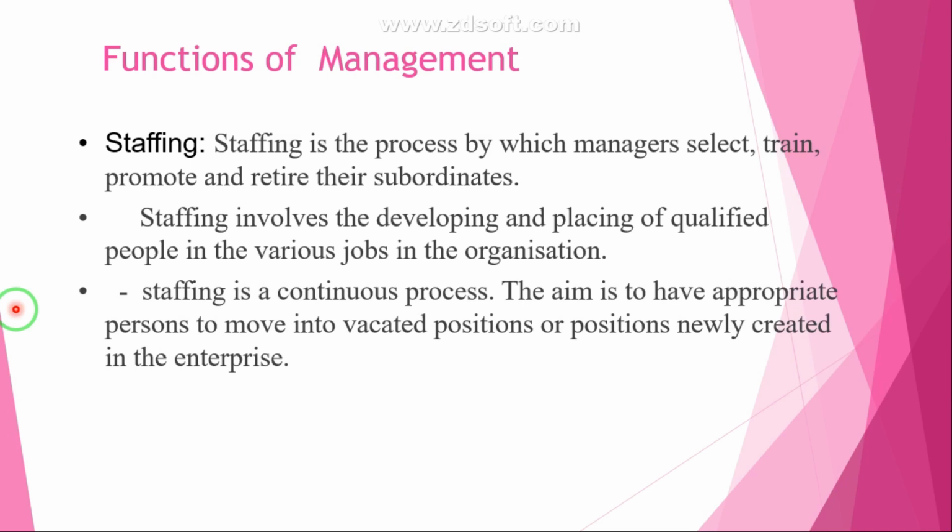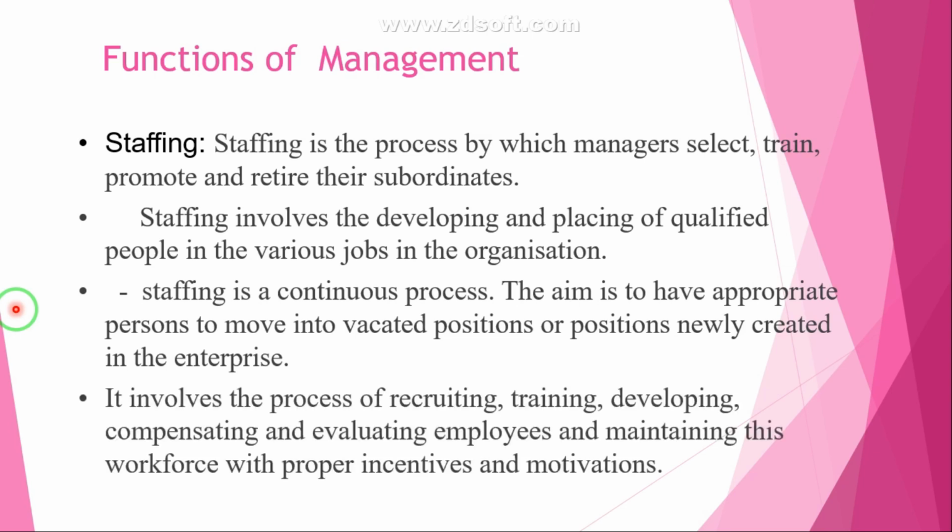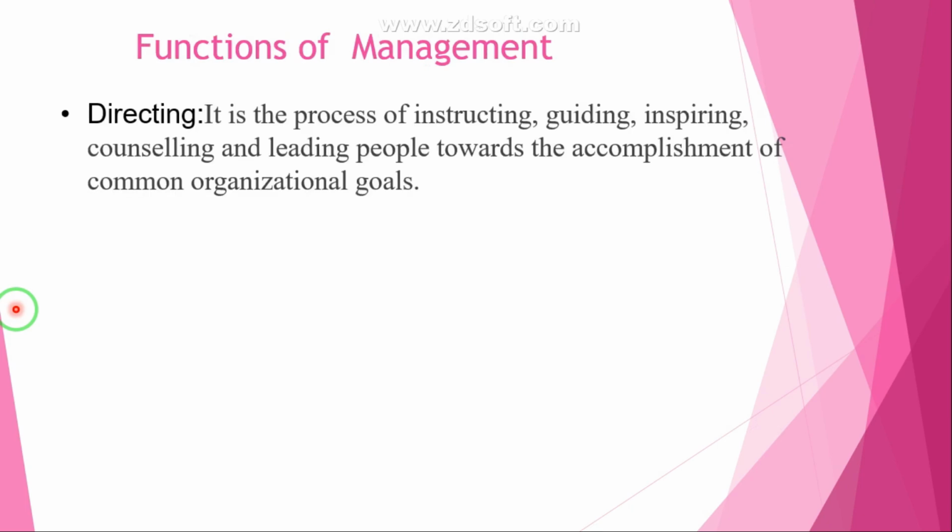The aim is to have appropriate persons to move into vacated or newly created positions in the enterprise. It involves a process of recruiting, training, developing, compensating and evaluating employees and maintaining this workforce with proper incentives and motivations. After staffing, the next function is directing.